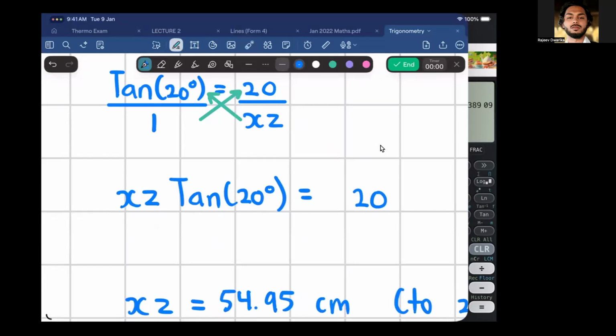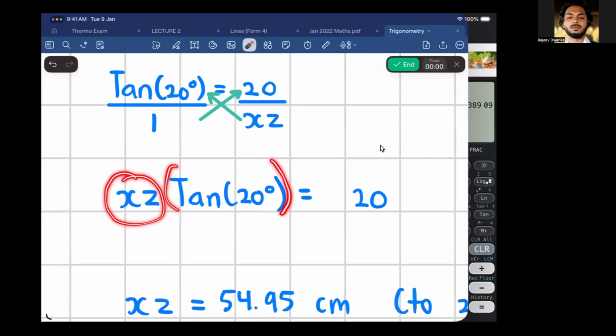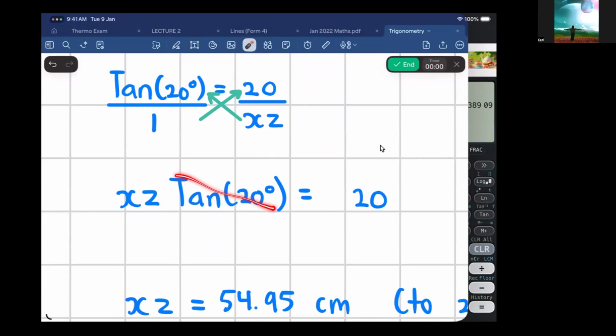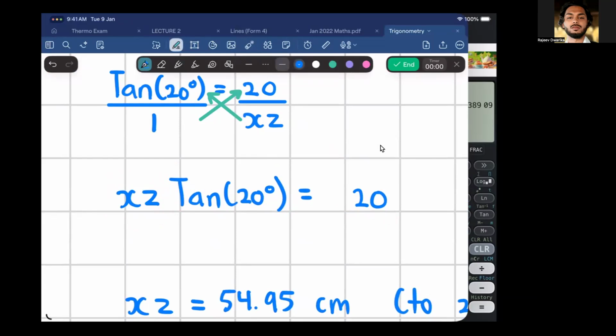Check this out. We have xz multiplied by tan 20 is equal to 20. If I want to cancel off this, what do you think I should do on both sides? Yeah, 20 over tan 20. So I would have to divide both sides by tan 20.